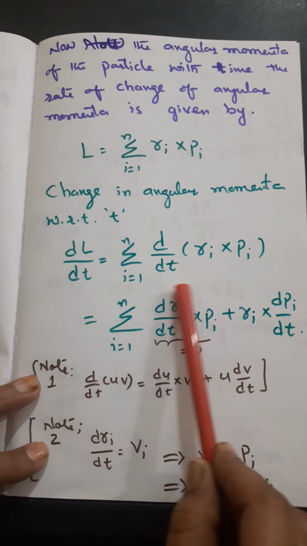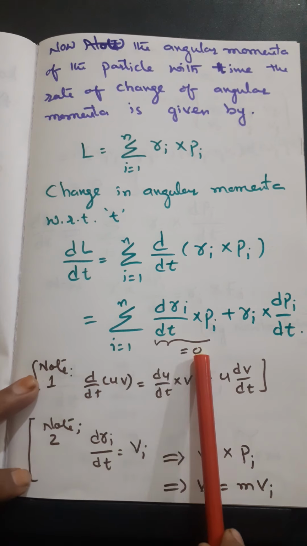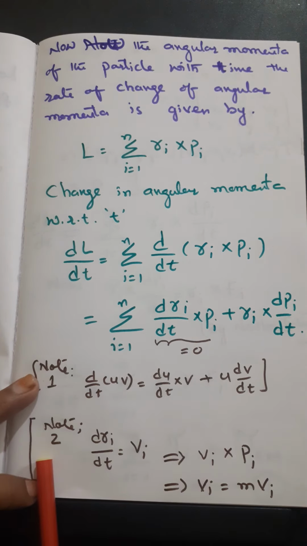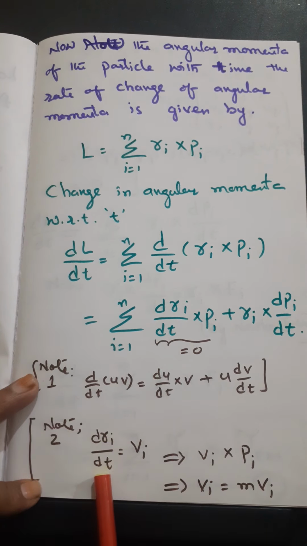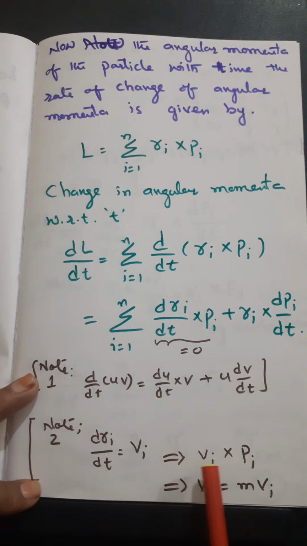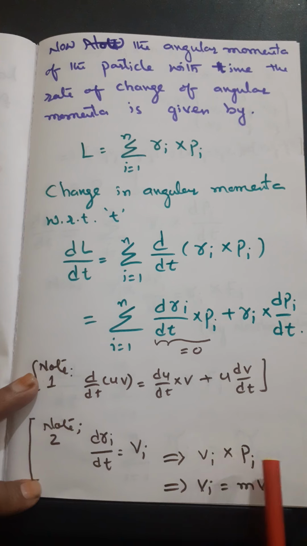Now next, this first term is equal to 0. How is it equal to 0? This I have given here in note 2. We know that the differentiation of position vector is velocity. dr_i by dt is nothing but v_i. So we get v_i cross p_i.